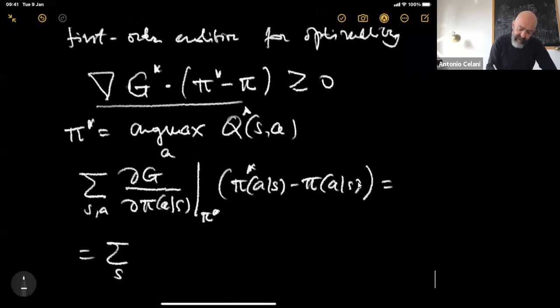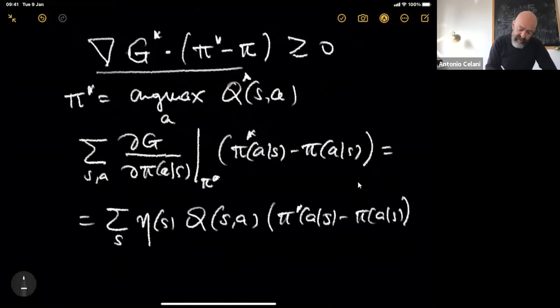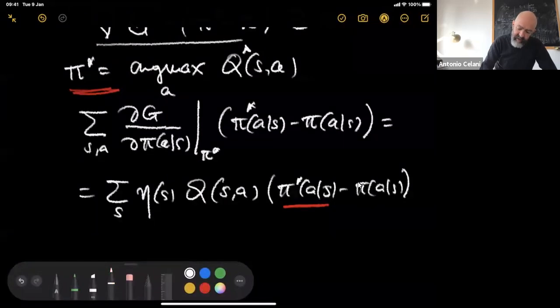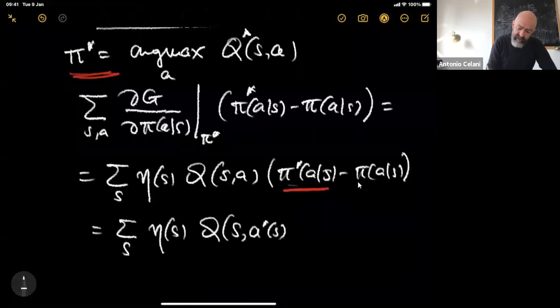This becomes the sum over S of eta(S) Q(S,A) times pi star minus pi. And then I use this definition of my optimal policy and take the sum. So since I am selecting the best action here, this becomes the sum over S of Q(S, a star(S)). This is the best action.